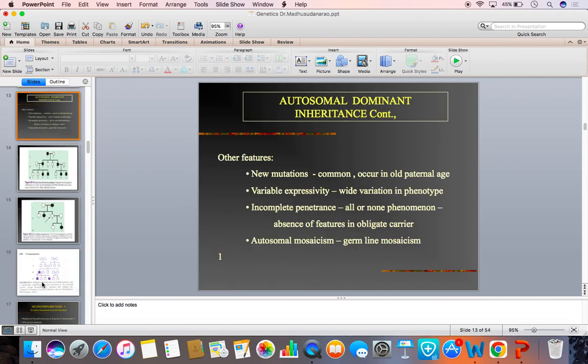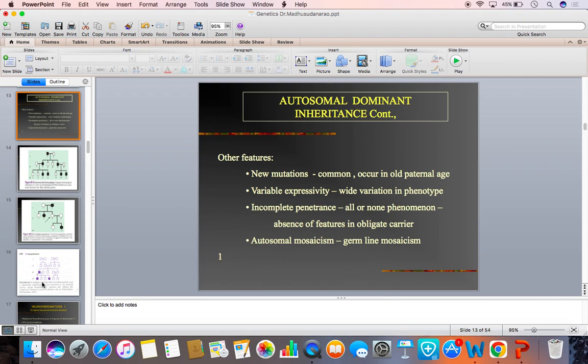Other features are that new mutations are common in autosomal dominant inheritance. That means parents are normal, but the child is affected. It is because of a new mutation that has occurred in the offspring. Variable expressivity: wide variation in phenotype from patient to patient.